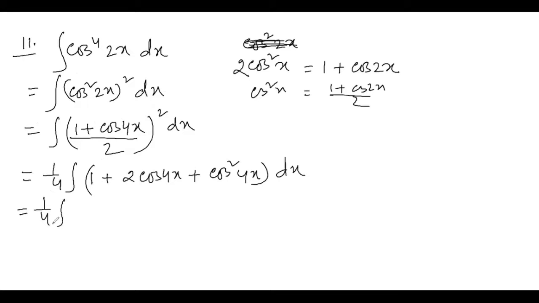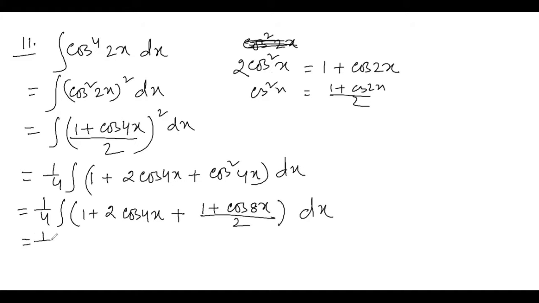Again 1 by 4, integration of 1 plus 2 cos 4x plus, again using the formula cos square x equals 1 plus cos 2x by 2, it will be 1 plus cos 8x by 2, dx.